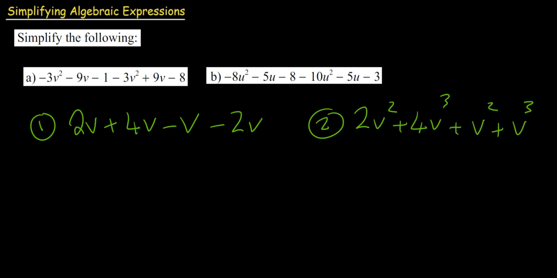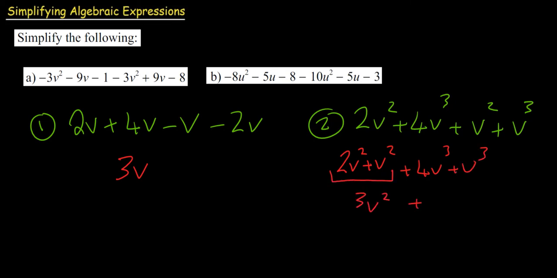Okay, so hopefully you've done that now. So we've got 2v plus 4v is 6v, minus v is 5v, minus 2v is 3v. Here, let's write the like terms together. You can add that to get 3v squared. You can add that to get 5v cubed.